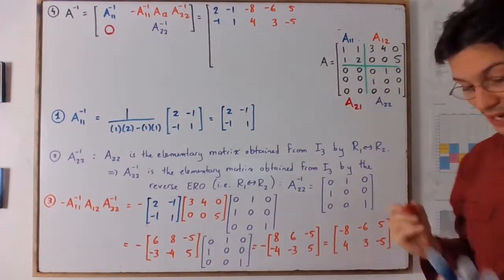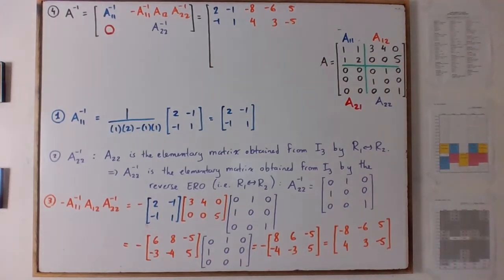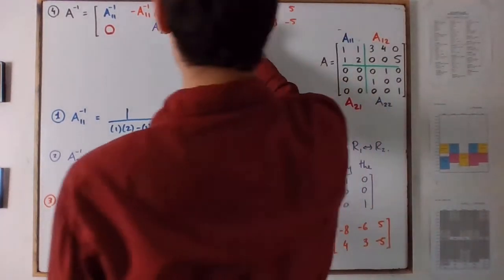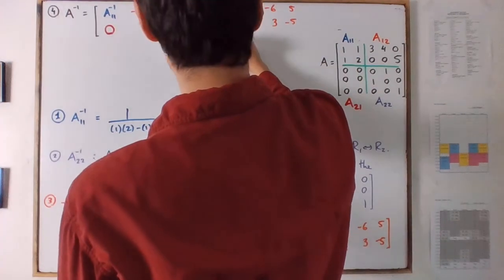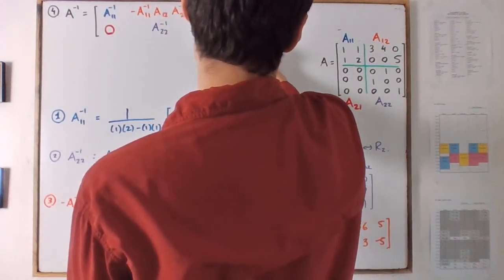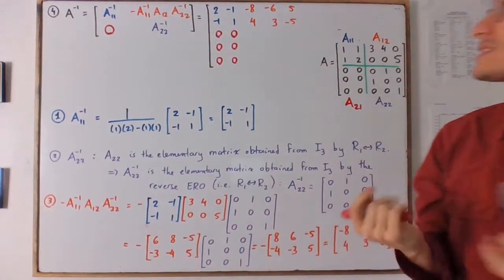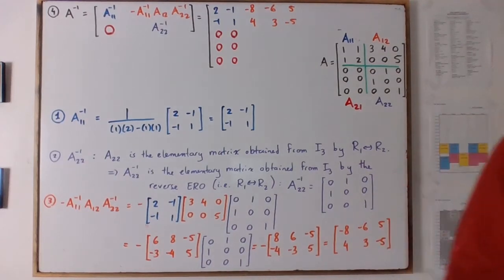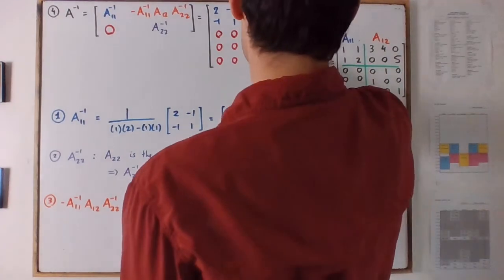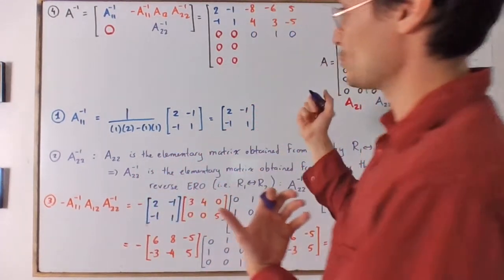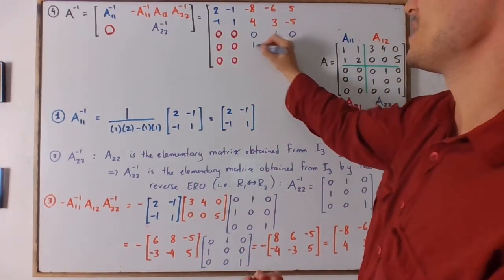Okay, so this matrix right here. And then don't forget the third block is simply the zero matrix. So we didn't have to calculate it. We knew right from the start that it is the zero matrix of the corresponding dimension. And then finally, the last matrix is the inverse, so A22 inverse, which is what we found out to be this.